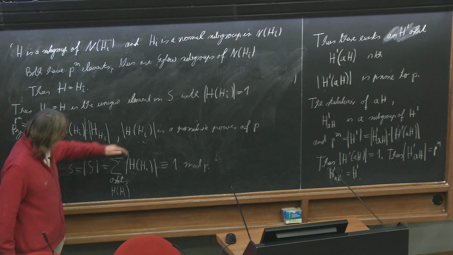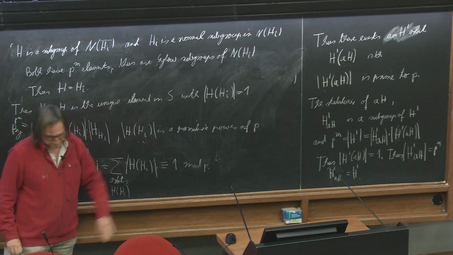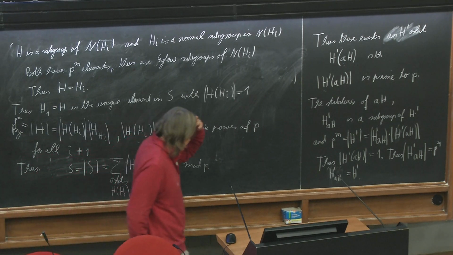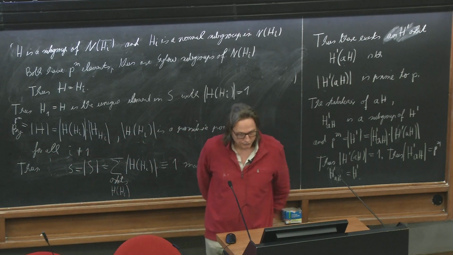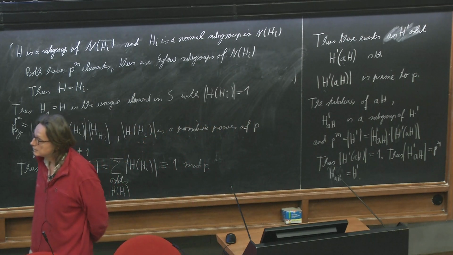Because all of these numbers except for 1 are divisible by p, and one of them is equal to 1. Okay, so this was as much as I wanted to say about these Sylow theorems, and therefore also about groups so far. So I don't know whether there are any questions now.